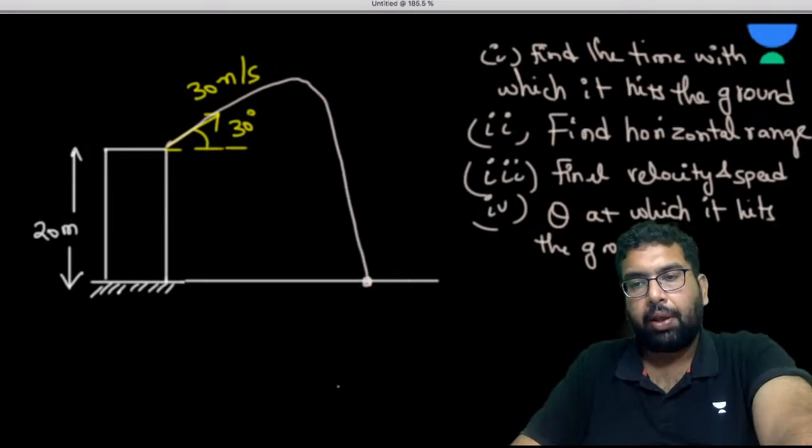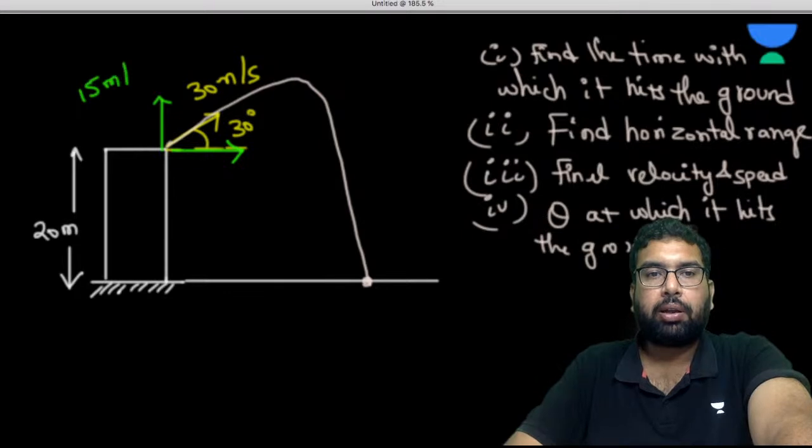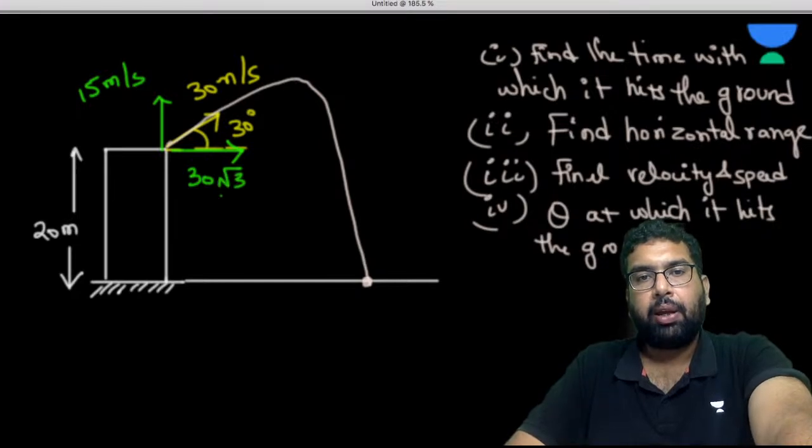Now the 30 meter per second has two components: 30 sine 30, that is 15 meter per second, and 30 cos 30. Cos 30 is root 3 by 2, so I can write 15 root 3. Is it fine, madam? Please answer me.